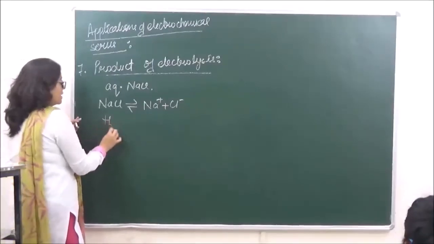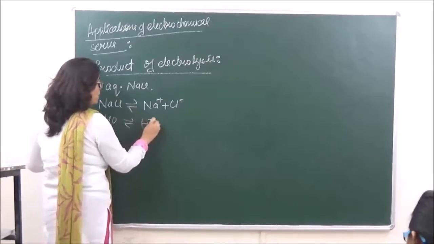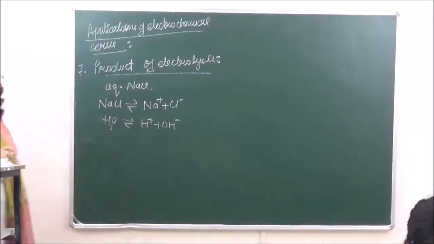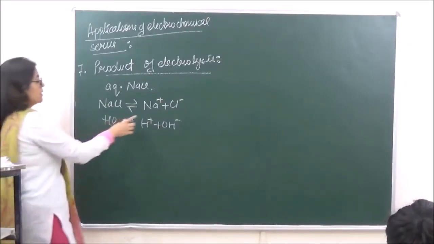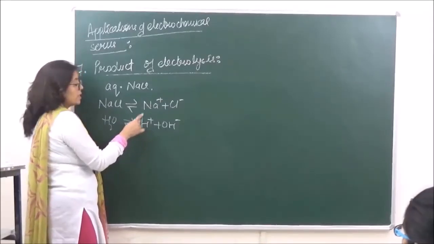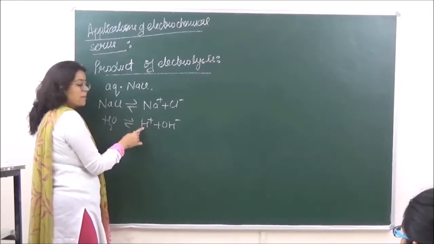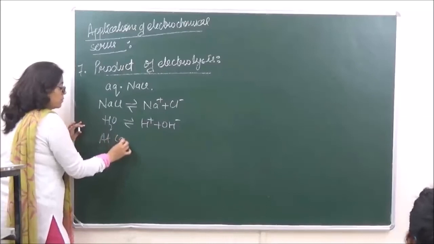In a similar manner, because it is aqueous, water is also going to decompose into H positive and OH negative. Now you can see over here that there are 2 ions which are cations which are yielded. So at the cathode there is going to be a race between both sodium and hydrogen. So at cathode, what is going to be liberated?